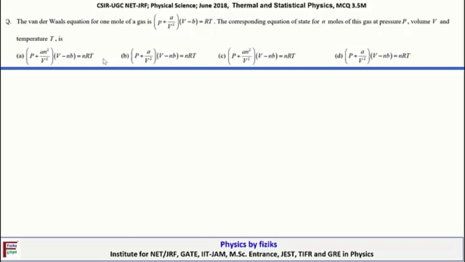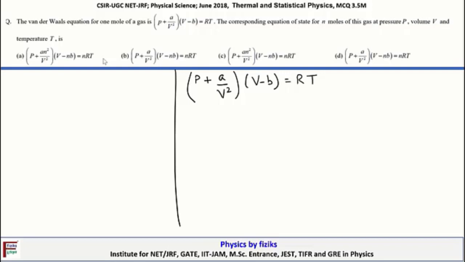We can quickly obtain the result by making use of the van der Waals equation of state for 1 mole of a gas, which is given to us: (P plus a by V square) into (V minus b) is equal to RT, and this is valid for n equal to 1 mole.